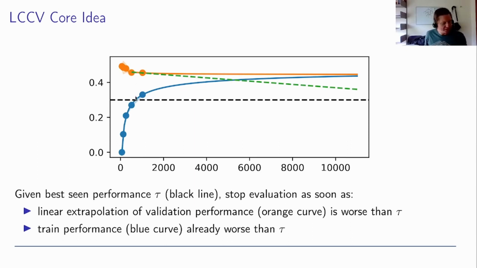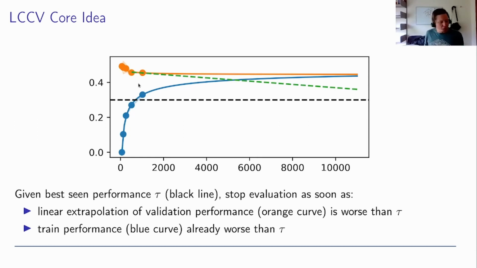The first reason is that if we take the last two legs of this learning curve and extrapolate it, then we can see that at a sample size of 10,000 points, which for example here could be the maximum training set size, even in the most optimistic case, the orange curve cannot reach the target performance tau. So we could say, okay, this candidate will not be competitive, and we can stop at this point.